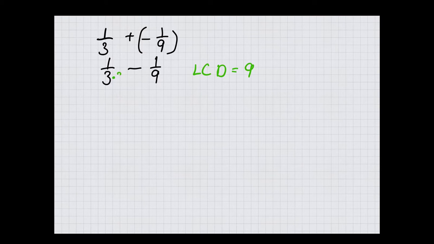We need to multiply 3 by 3 to get a 9. Whatever you do to the denominator, you do to the numerator. So we have 3 out of 9 minus 1 out of 9. We have out of 9, 3 minus 1. And as a result, we have 2 out of 9.